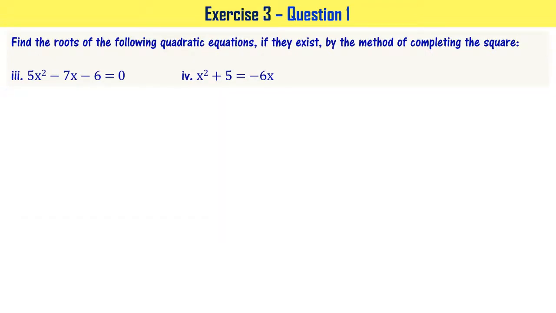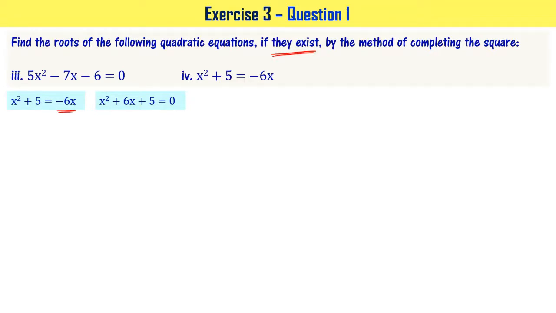Let's look at the next part of the problem. That is x square plus 5 equal to minus 6x, right? Let me rearrange this equation by transposing minus 6x to the other side. The equation can be written as x square plus 6x plus 5 equal to 0. We want to find whether roots exist for this particular equation or not, the real roots.